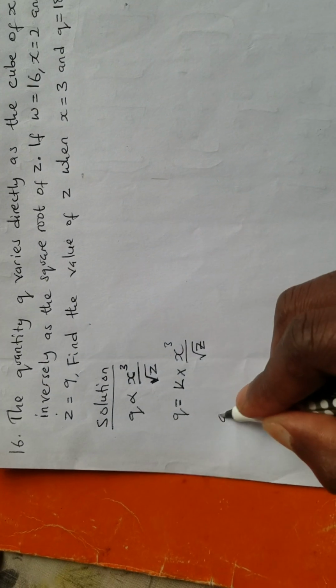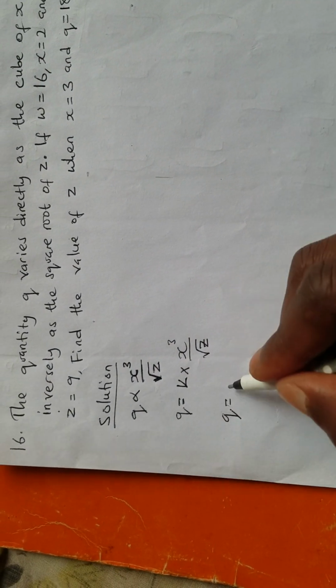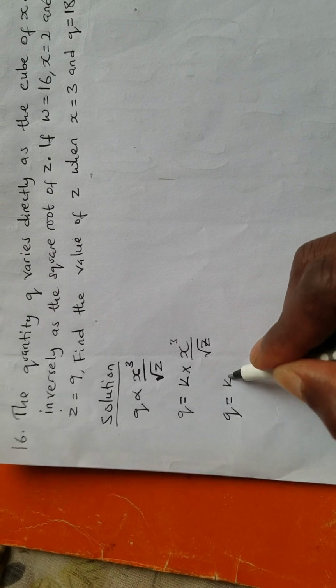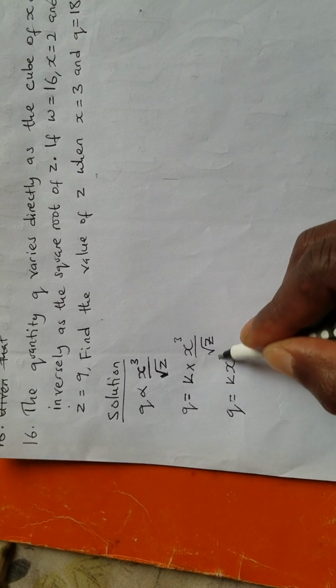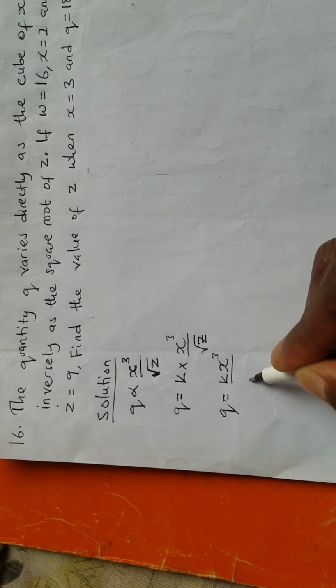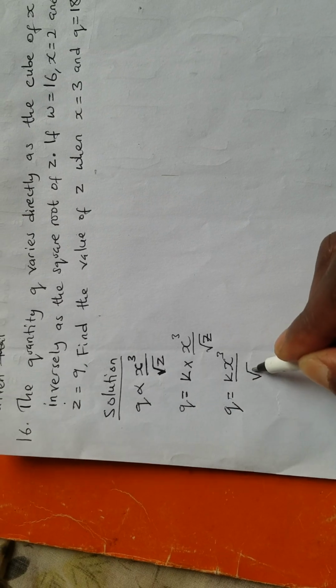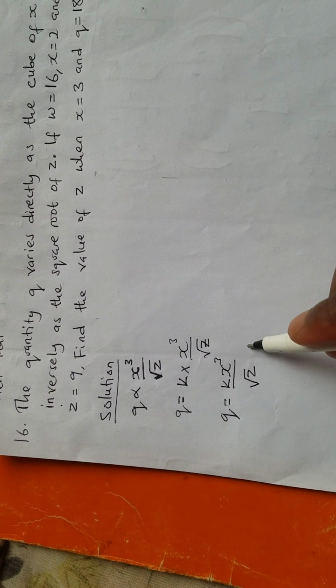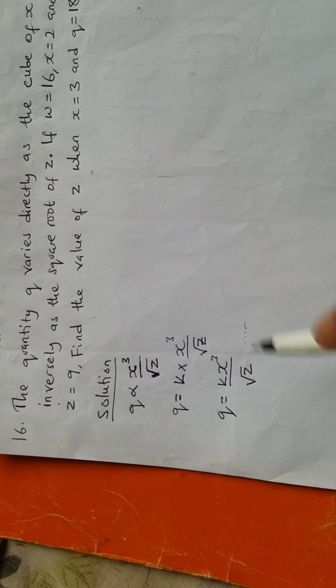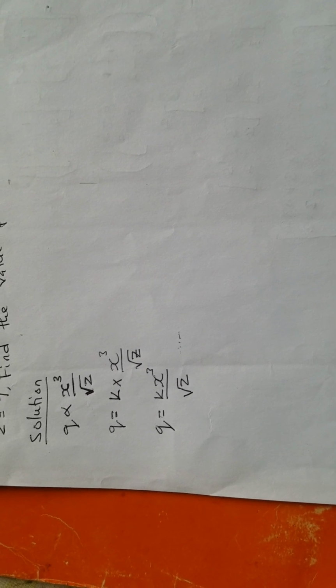This is the same as q is equal to k cube of x over square root of z. So this is our formula variation.